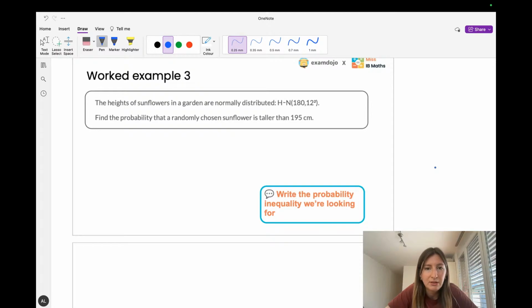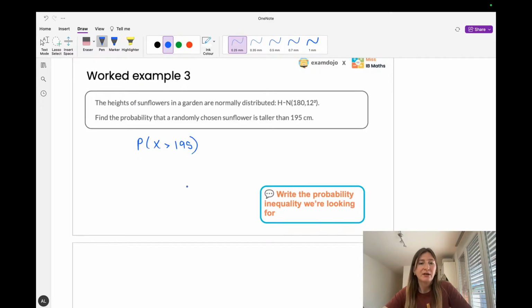We want the probability that X is taller than 195. Yeah, nice. So taller, we want the probability that X is more than 195.